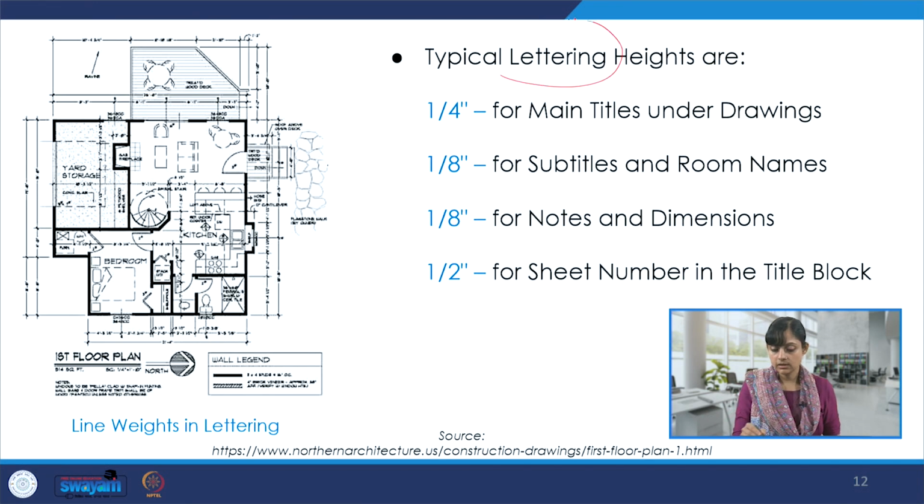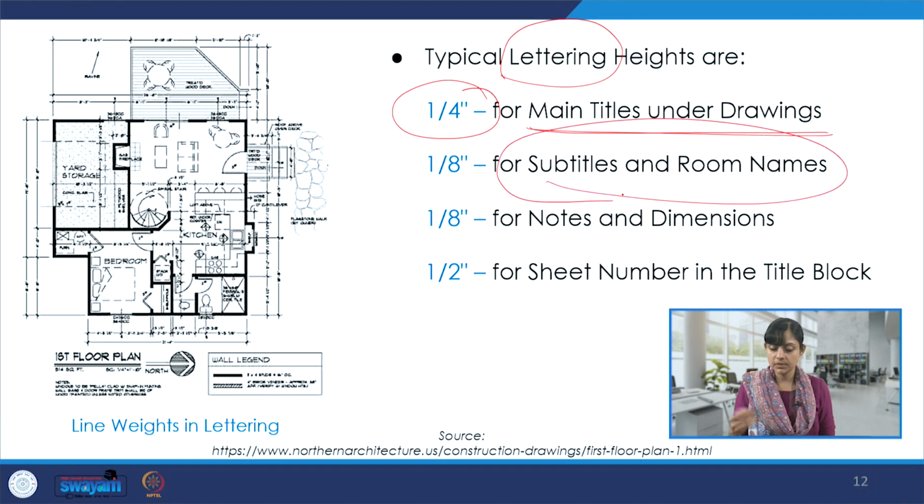And also lettering matters a lot when we produce interior architecture drawings, again, be it manual or software. And we must also have some sort of layering and line weights for that also. So there is a system in place and it's based on hierarchy of information. So main titles under the drawings, there is a certain scale and dimension that is followed.